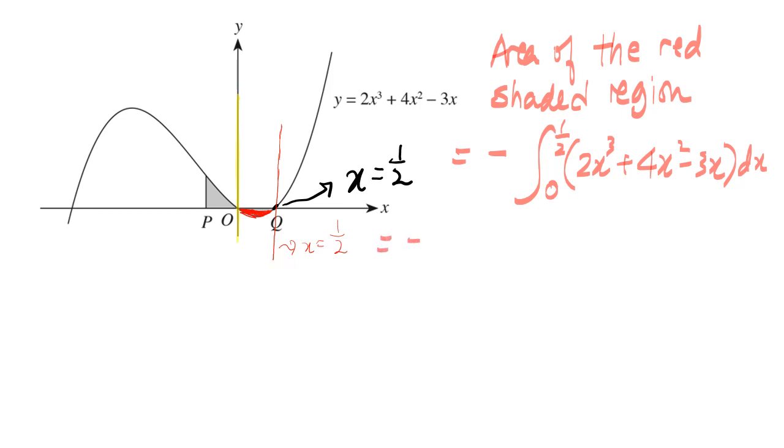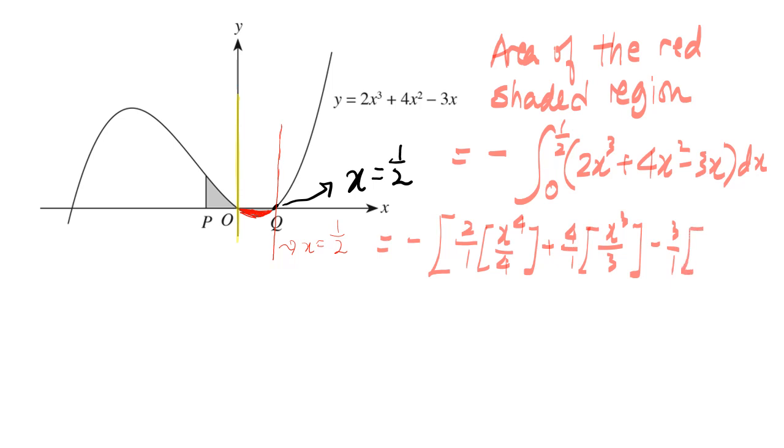Alright, so let's integrate it. Integrate 2x cubed, you will get x to the power of 4 over 4. Integrate 4x squared, you get 4x cubed over 3. Integrate 3x to get 3x squared over 2. Let's put in the limits.